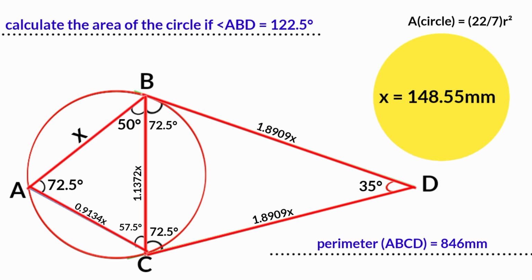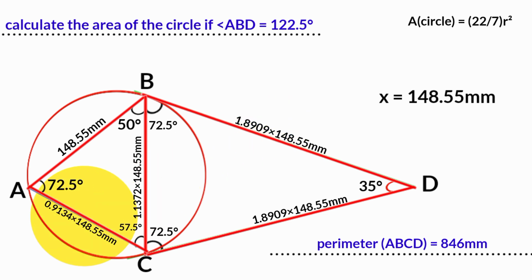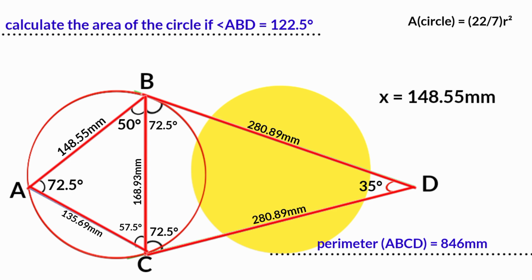So x equal to 148.55 millimeters. If you substitute here, here, and here now, 0.9134 times 148.55 millimeters is 135.69. 1.1372 times 148.55 millimeters is 168.93. And here 1.8909 times 148.55 millimeters is 280.89 millimeters.